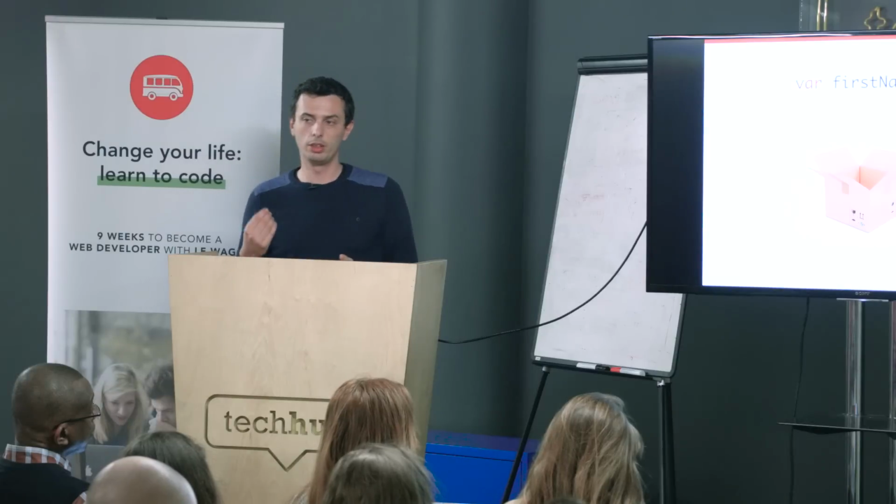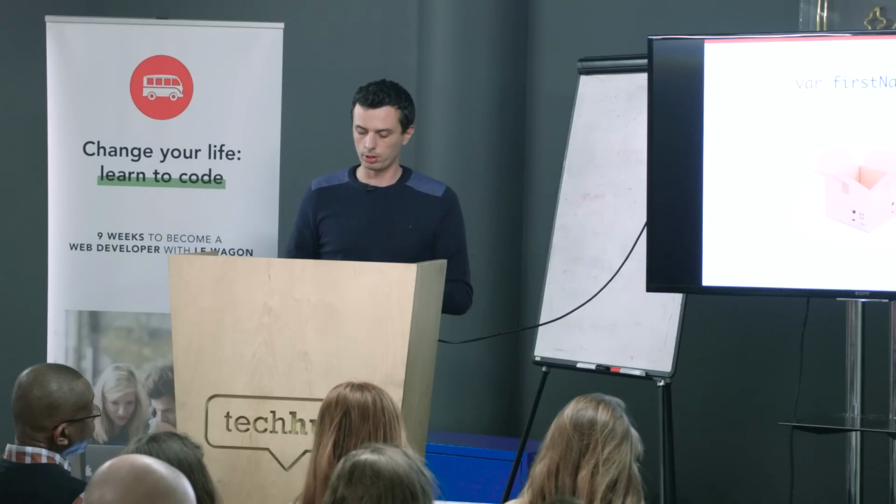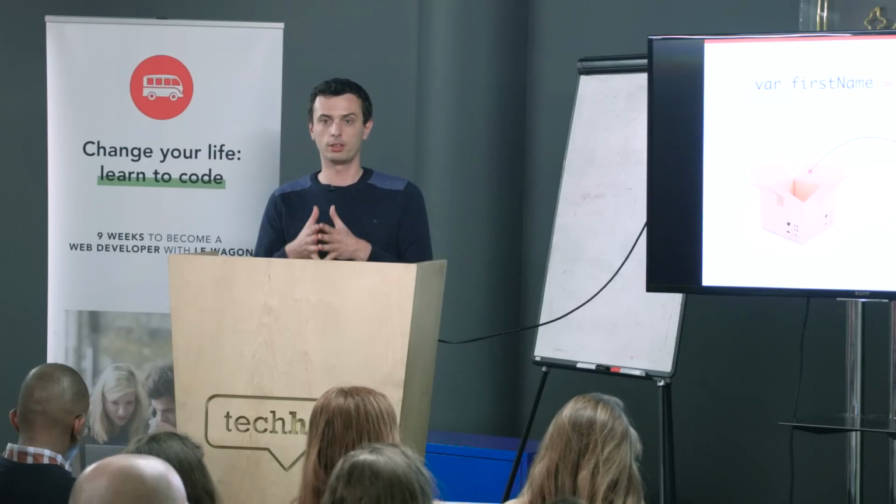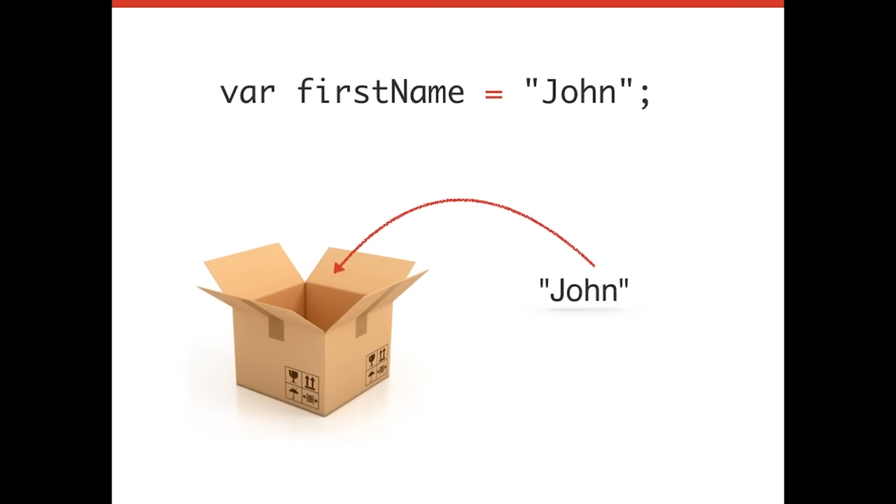So I will need to put information in my box, and to do that, I write this kind of code. So after var and the name of the variable, I will put an equal sign, and then the value I want to store inside the box. And as every statement in JavaScript, I need to finish with the semicolon.